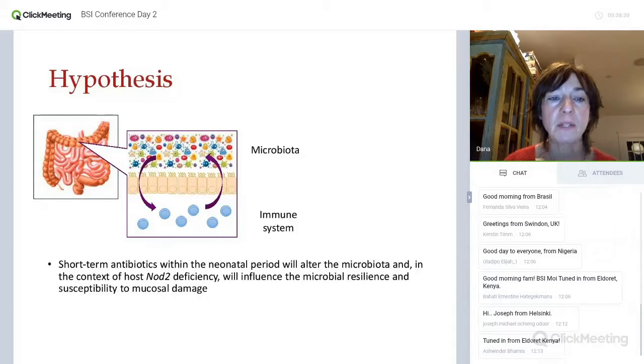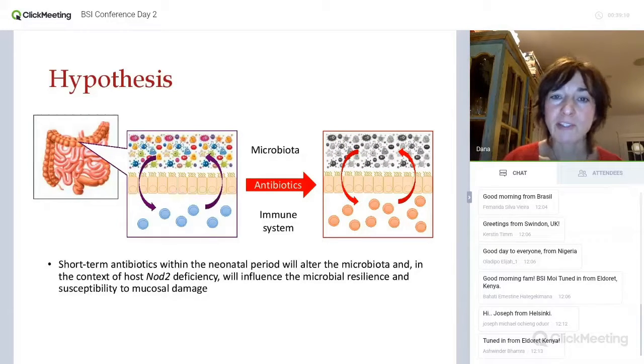We hypothesize that if we alter the microbiota, and we do this using a short-term treatment of antibiotics within the neonatal period, and as I mentioned, the reason why we choose this neonatal period is that it is a time where the microbiota is still kind of in this chaos. It's still trying to figure itself out, and it's not very resilient to different perturbations. So we wanted to perturb the microbiota at that time point, and then look at how this might affect disease development in a Nod2 deficient host.